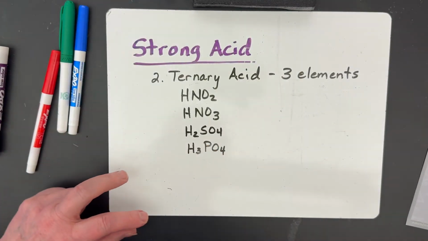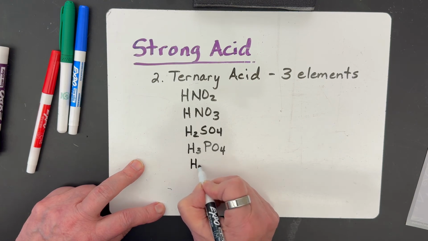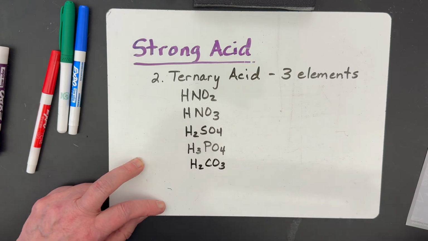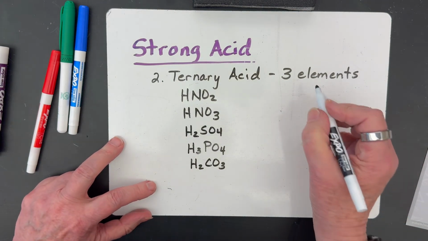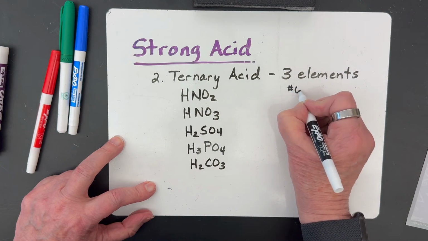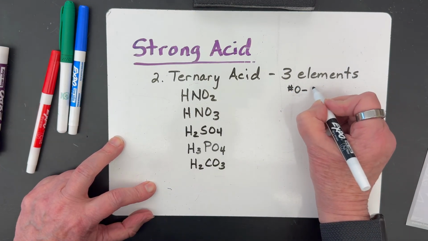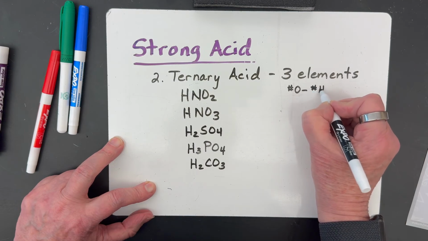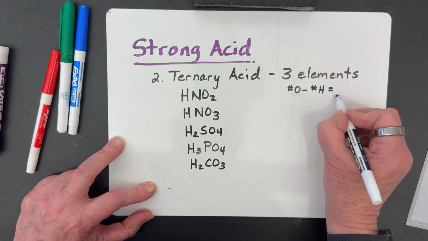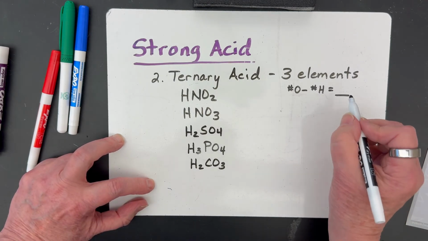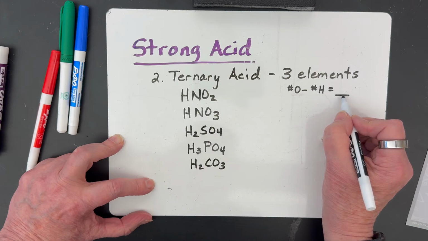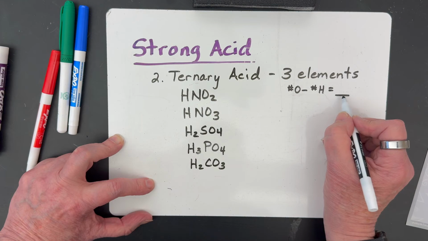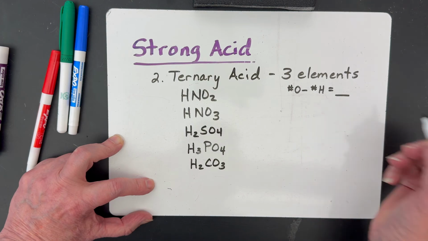It could be carbon, we could have H2CO3 as an acid. The way that you do this is you take the number of oxygens minus the number of hydrogens and figure out what that is. If that number is 2 or larger, it is a strong acid. If that number is 0 or 1, then it is a weak acid.